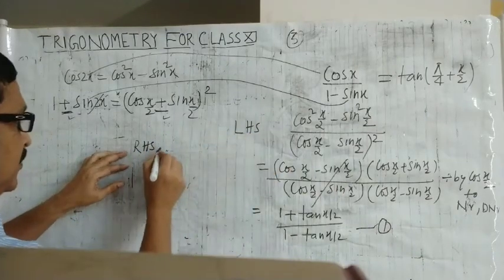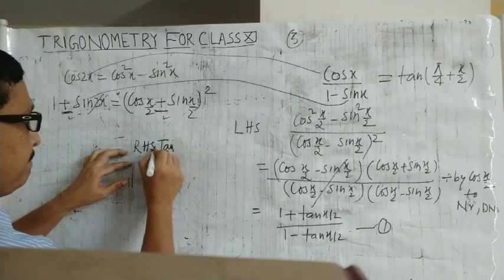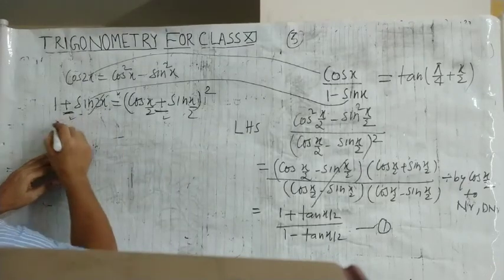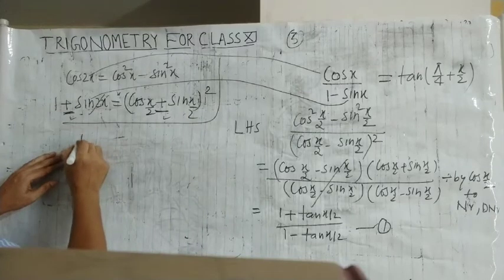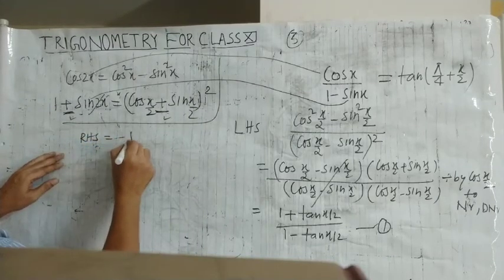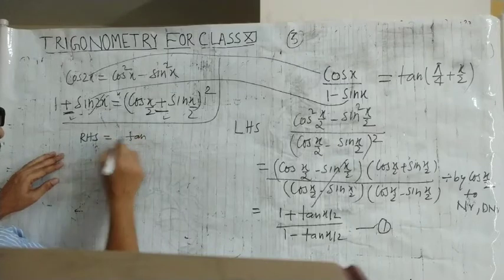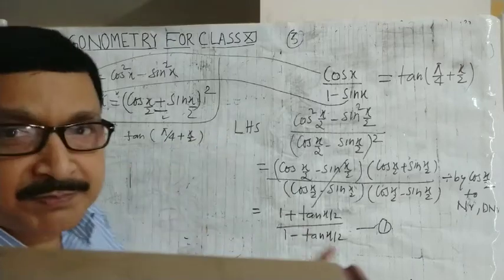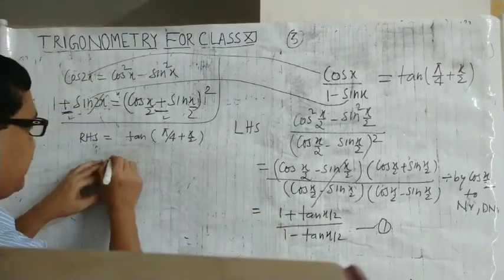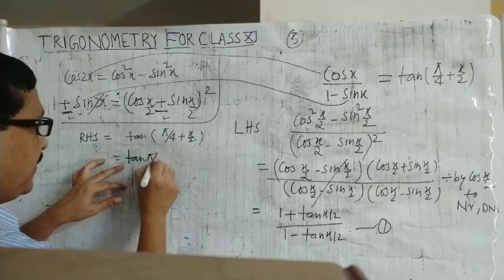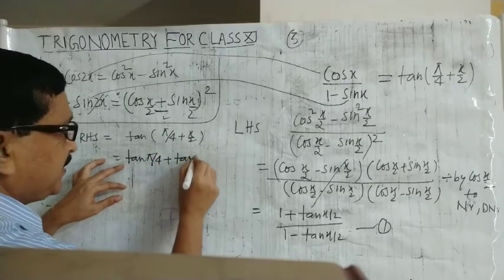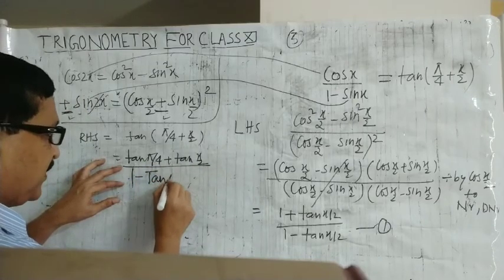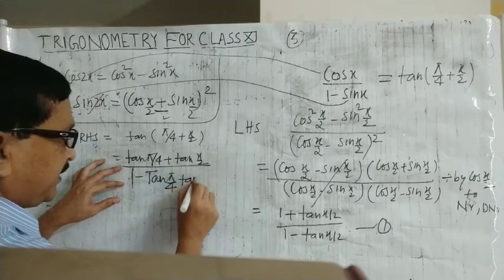RHS is tan pi by 4 plus x by 2. Now tan a plus b is equal to tan a plus tan b by 1 minus tan a tan b.